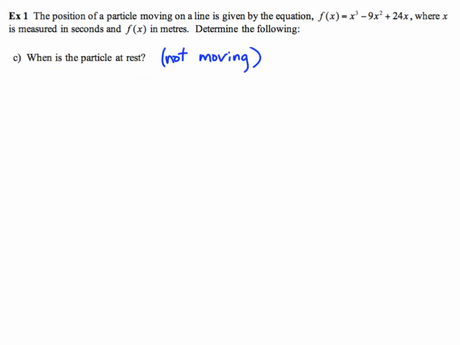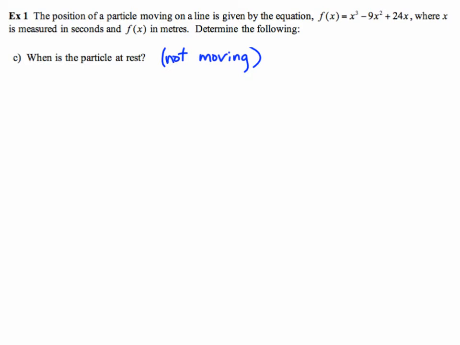So when is the particle at rest? This is the same equation. It means that it's not moving, so I need to find the zeros of the derivative. If my derivative is 3x squared minus 18x plus 24, I need to factor the equation and find the zeros.